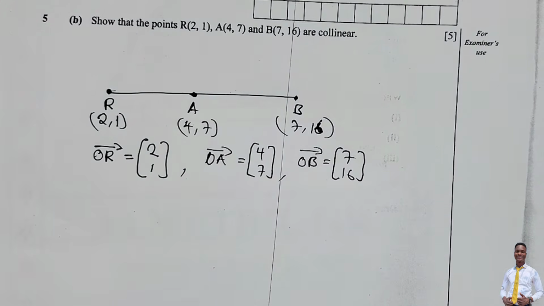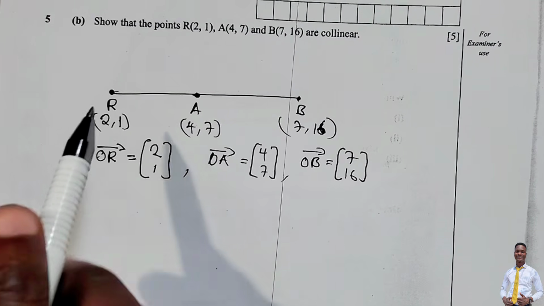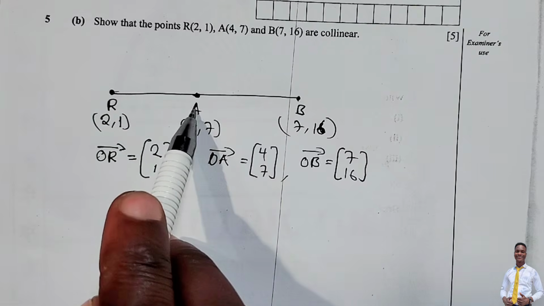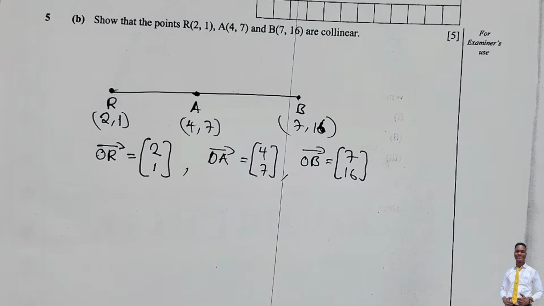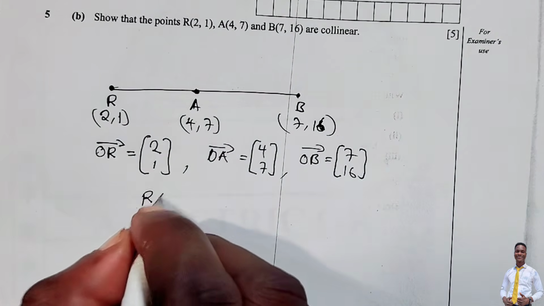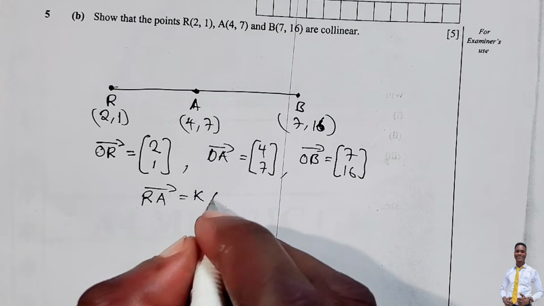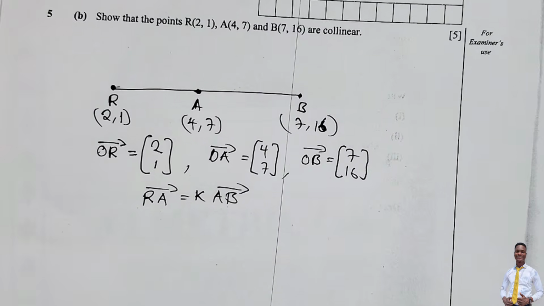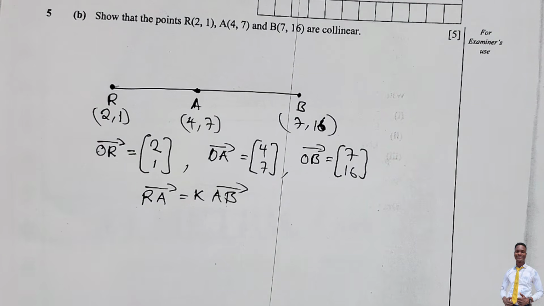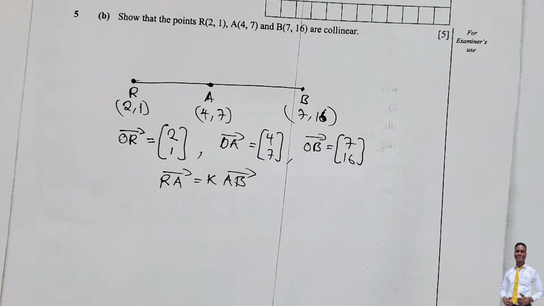Now, to show collinearity, we're going to say vector RA times a certain scalar factor K is supposed to be equal to vector AB. Now, let's prove this. See, they all have the origin O, so let me just show an illustration.